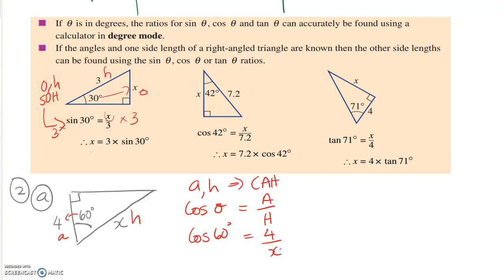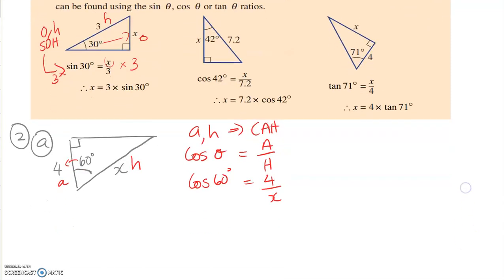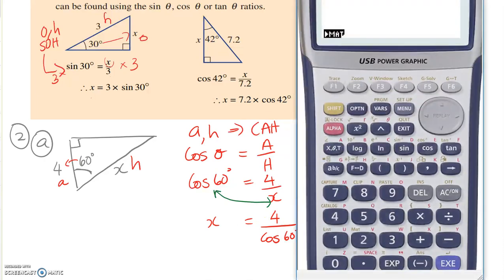Divided by the hypotenuse, which we don't know, x. Now, let's see if anyone remembers, what do we do when our unknown is in the denominator? Think back, we swap these. So therefore what we get is x is equal to 4 divided by cos 60. And this is where we bring our calculator.